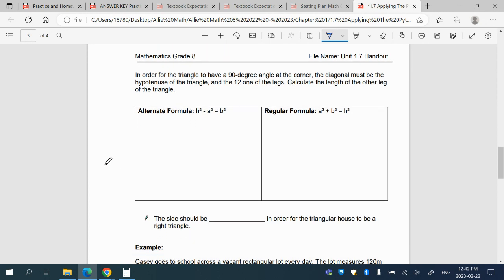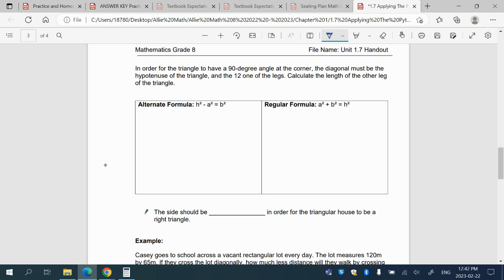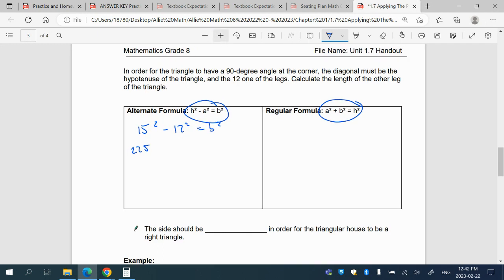So I'm going to show you the two ways. We can use our formula that's shifted to solve for a leg, or we can use our regular formula and just subtract from each side. So this one we have 15, remember, is our hypotenuse, squared minus 12 squared equals b squared. 15 squared is 225.